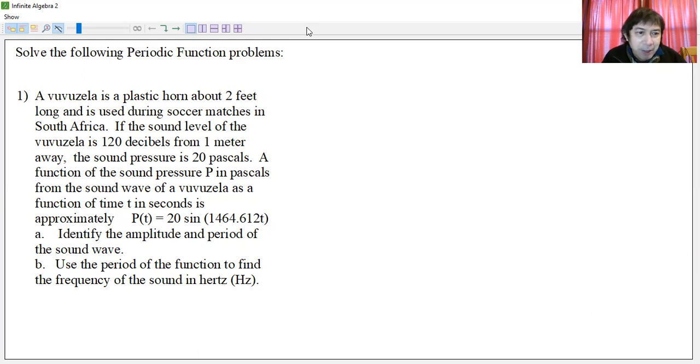Time is in seconds, and we have a given equation. Let's make use of the given first.